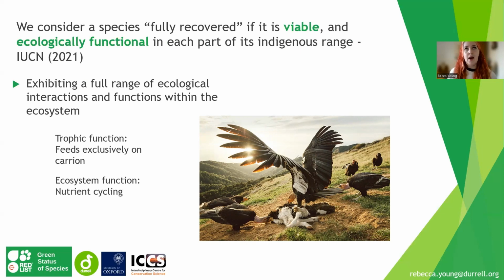And so we think about that and we set a point where we would say, okay, this is what we would expect to see in a functional population. And from that, we can understand whether we have functional populations within those different spatial units. So that's the background of the different parts that go into that definition and what we have to consider in a Green Status assessment.